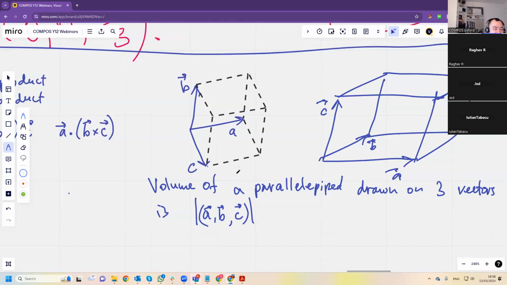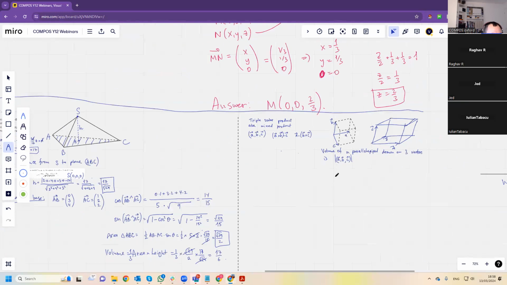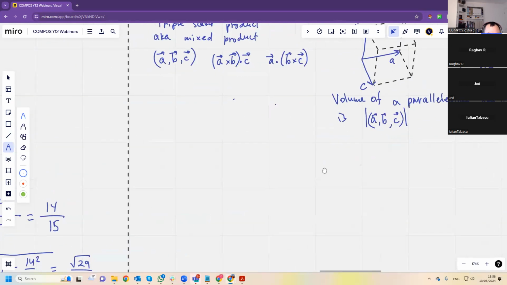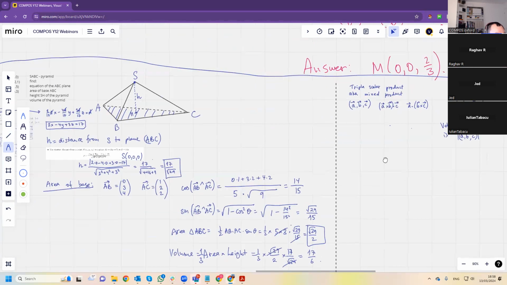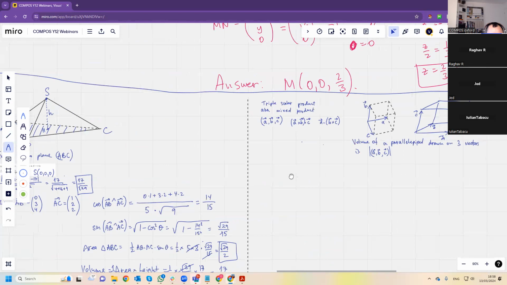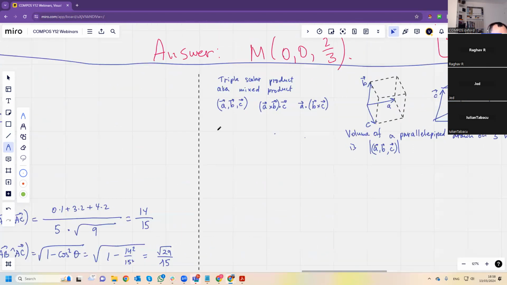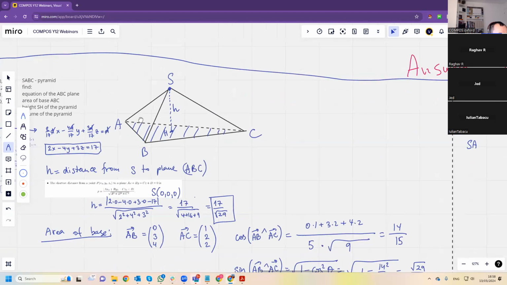So let's try that. And for simplicity, we're going to take vectors SA, SB, and SC.